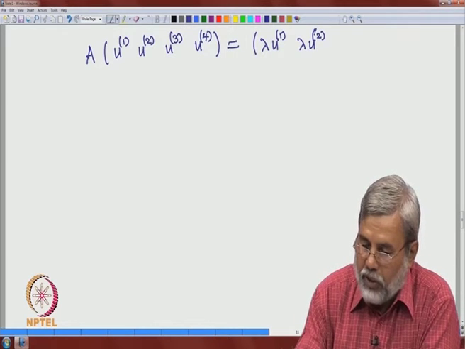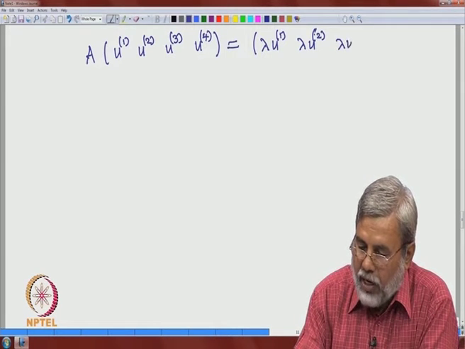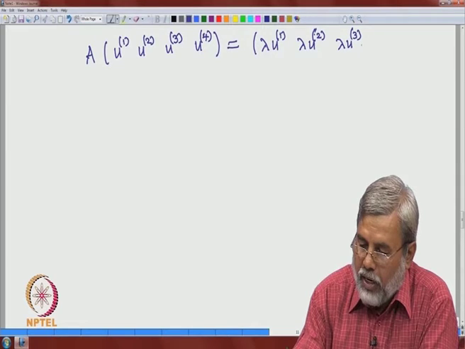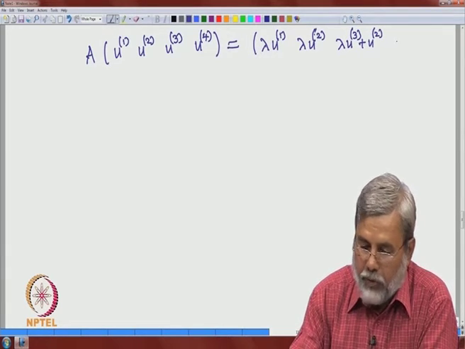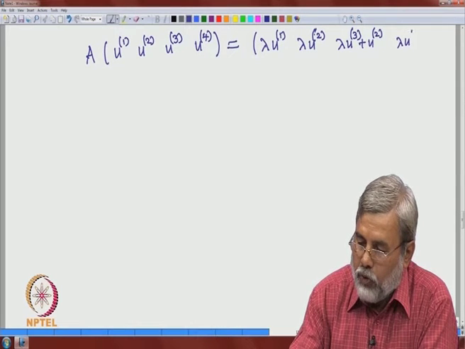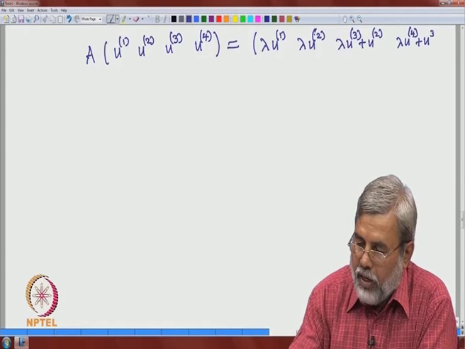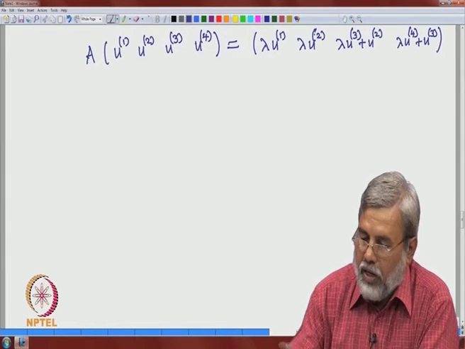So, if you work it out, you would see that lambda u 3 plus u 2, and similarly you get lambda u 4 plus u 3. Okay.